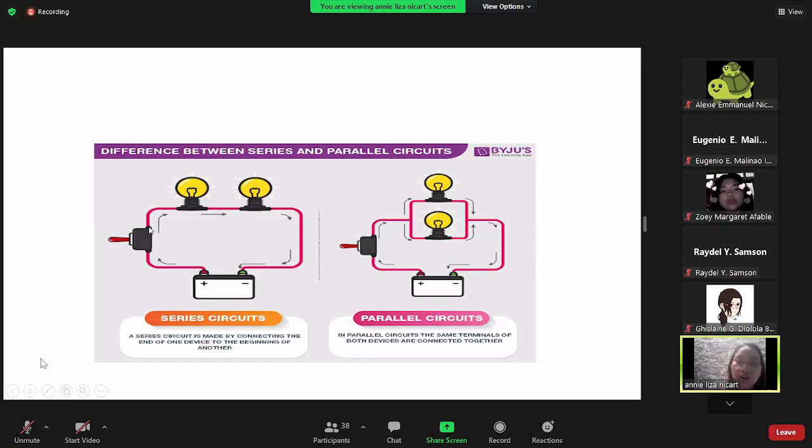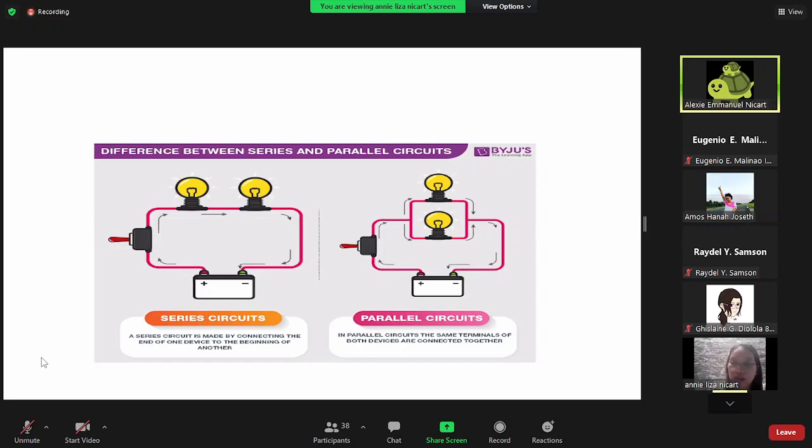If we are going to take the overall resistance of the circuit in series, RT is R1 plus R2. That would be 15 ohms.